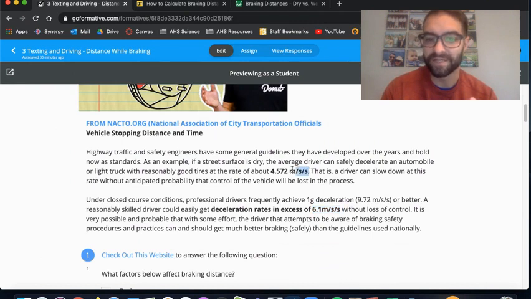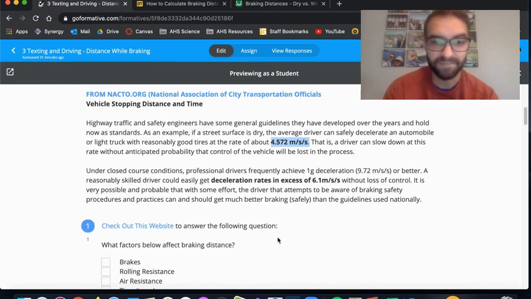So really, they're being overcautious in where they set this standard and build these laws and rules around. And based on our distraction and reaction time, that might be a reason why they might be overcautious with that deceleration rate. But yes, this gives us an idea that somewhere between 4 and 6 meters per second squared would be a relatively normal deceleration.